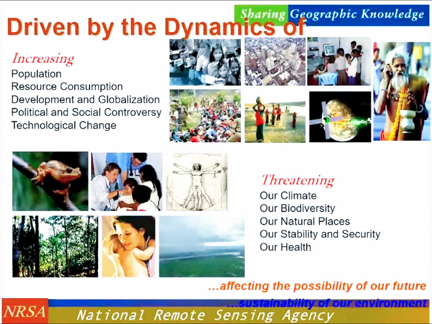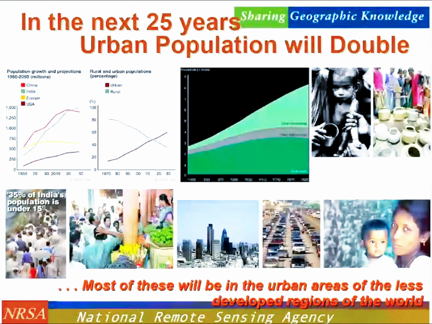Right, now this picture is a very important message for how technology changes things, and what our role is. Our role is using this technology to solve these problems. Now in the next 25 years the urban population will double.